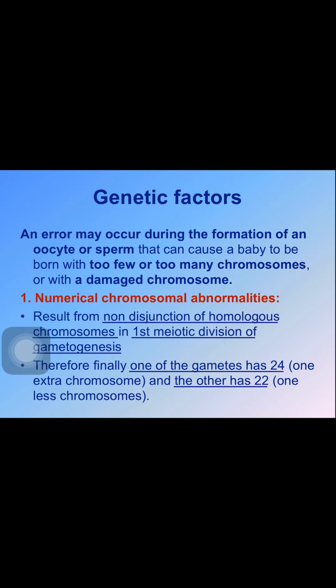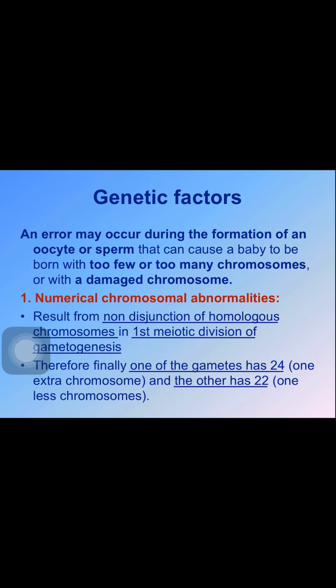Genetic factors. An error may occur during the formation of an oocyte or a sperm that can cause a baby to be born with too few or too many chromosomes, or with damaged chromosomes.